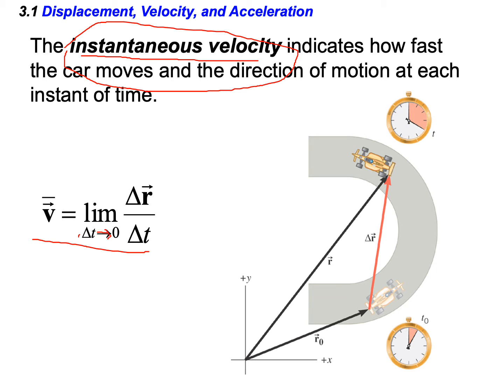Delta t tending to 0 means the time interval goes to 0, meaning it's not 0 but very, very small. So a very, very small time interval means it's an instant, a very short period of time. You can talk about a velocity, and because of the small interval, which means it's a specific location, we call it instantaneous velocity.